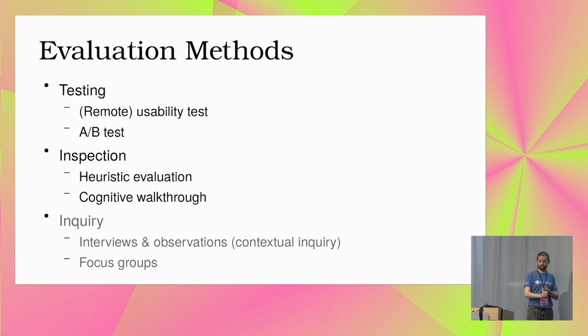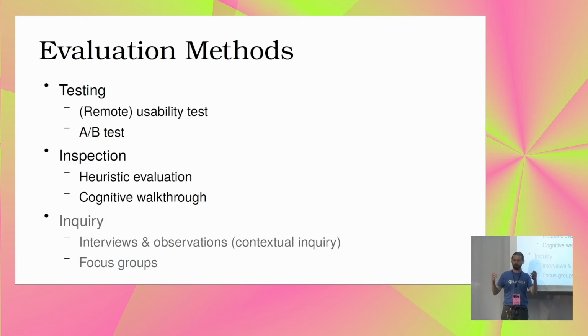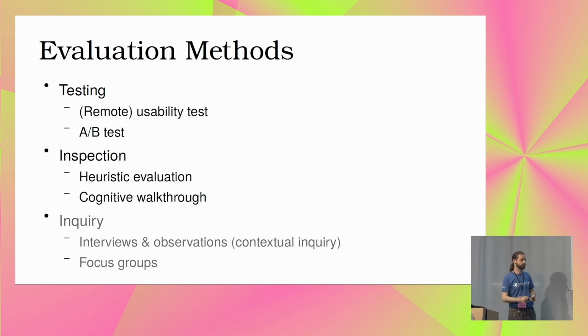It could be a usability test, or an A/B test, where you have two different versions and you see which one performs better. And then we have the inspection. There you don't need a user, but you need an expert, and they inspect it by using either a heuristic evaluation or, for example, a cognitive walkthrough, where they act as a user and walk through the software.